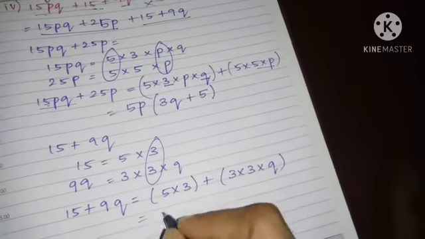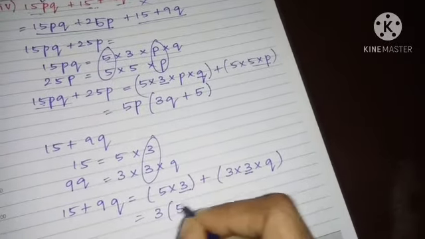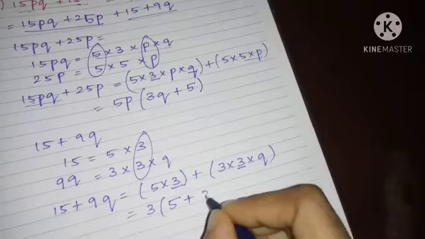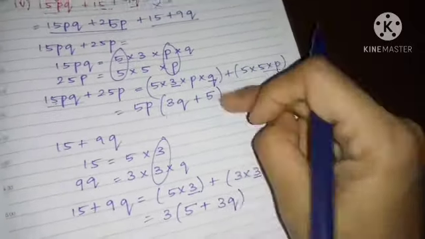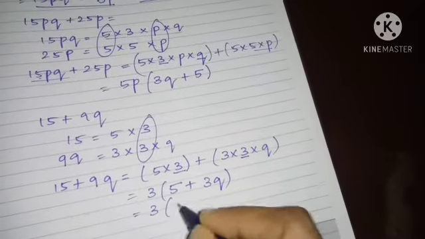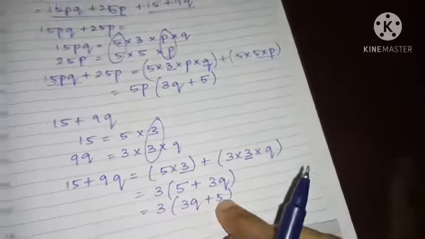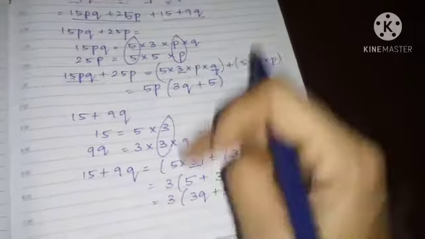In that, 3 is common. So if 3 is common, what will be remaining? 5 plus 3q. See, here also 3q plus 5, here also 3q plus 5. So this can be written as 3 into 3q plus 5. Correct? A plus b, b plus a, both are same only. Now combine these two.